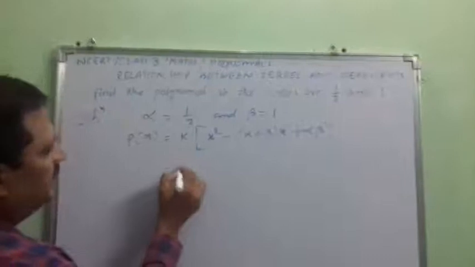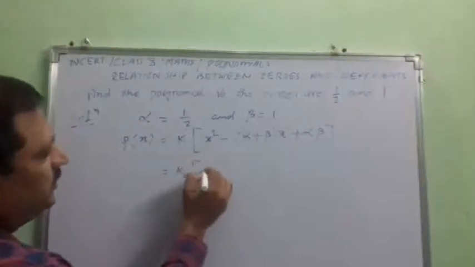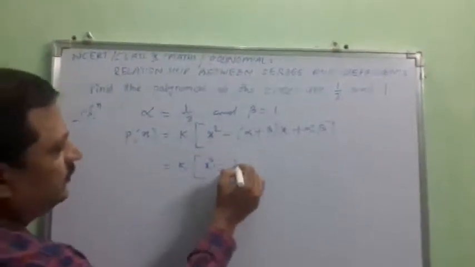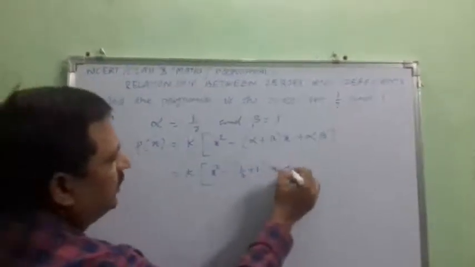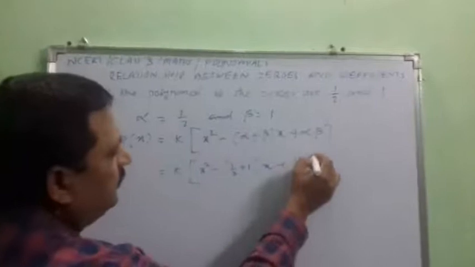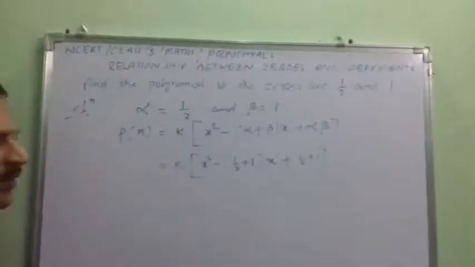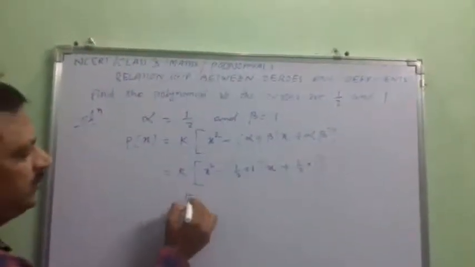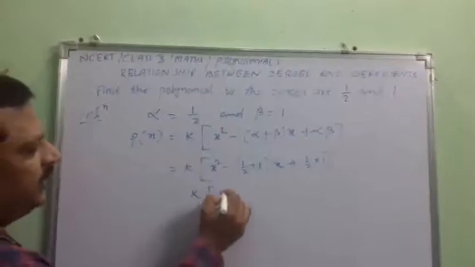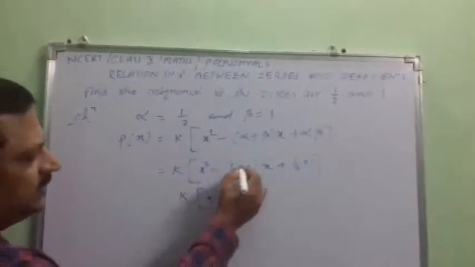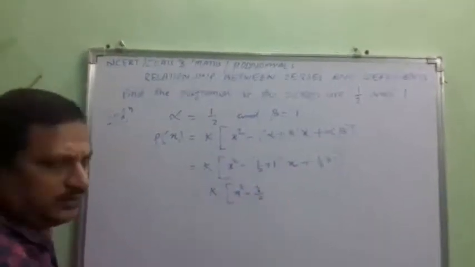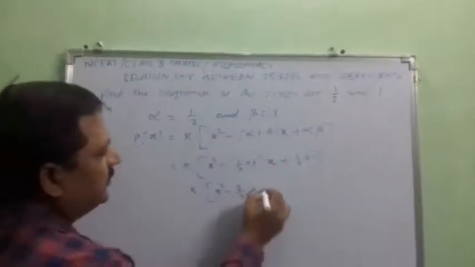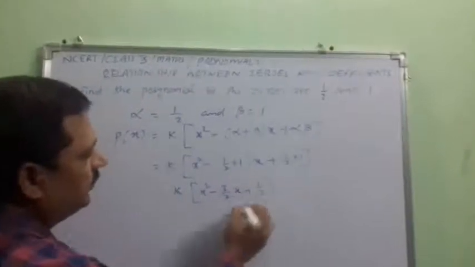That is equal to k times x square minus (1 by 2 plus 1) into x plus 1 by 2 into 1. That is equal to k whole into x square minus (1 by 2 plus 1, that is 3 by 2) x plus 1 by 2.